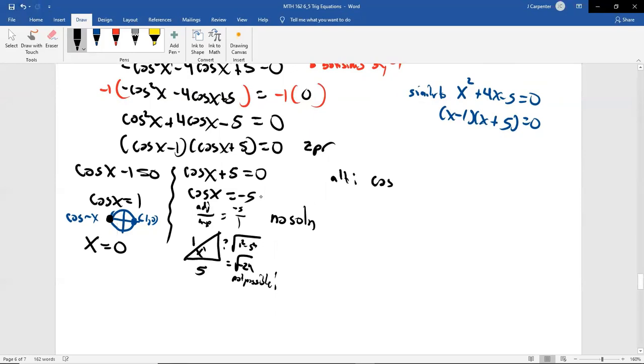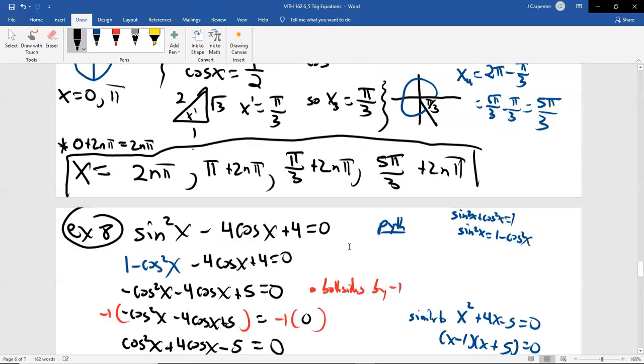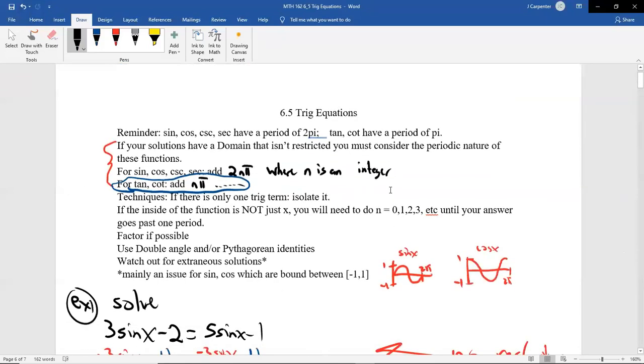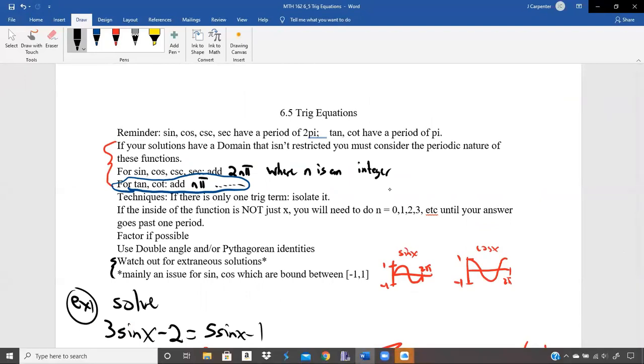Alternatively, with cosine of x equal to negative 5, I made a statement at the beginning of the section: watch out for extraneous solutions, mainly an issue with sine and cosine, which are bound between -1 and +1. Because on the unit circle, the largest that the x coordinate or y coordinate can be is +1 or -1. It means the answers can be no bigger than that, unless you have an amplitude factor, which we don't. And if we did, we would have divided it out. See, cosine is bound between 1 and -1, but we have it being equal to -5, which is completely impossible.